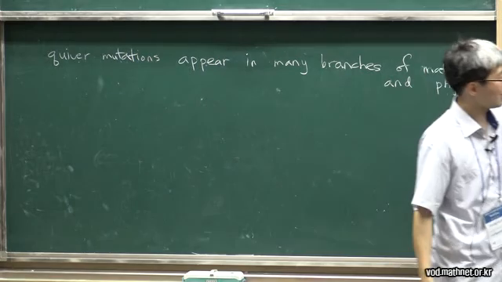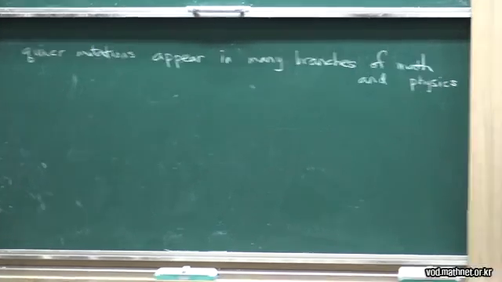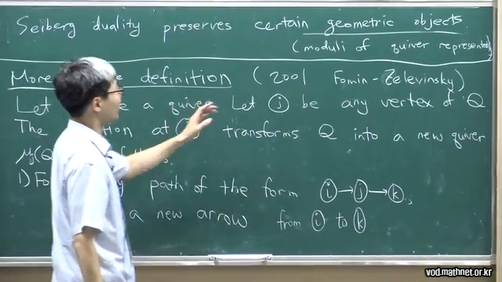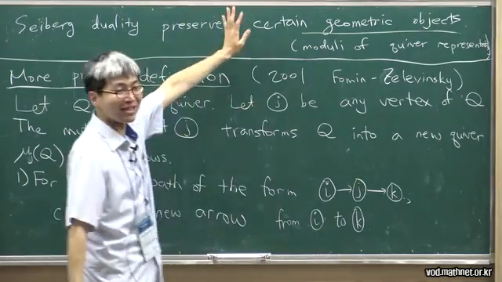I mean, this precise mathematical definition was made in 2001 by Fomin and Zelevinsky. They independently introduced this notion, but later on they realized that this notion was already existing in physics.